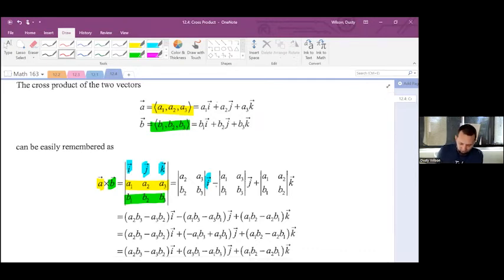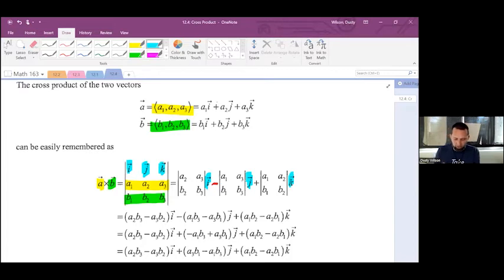There's a minus sign, it's just built into the formula, and then a j tied to the second 2 by 2 determinant, and a k tied to the third 2 by 2 determinant. We can go through and calculate and rearrange these various determinants as follows.